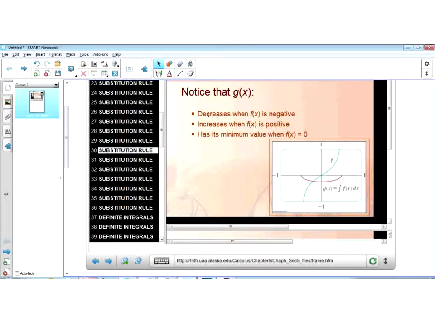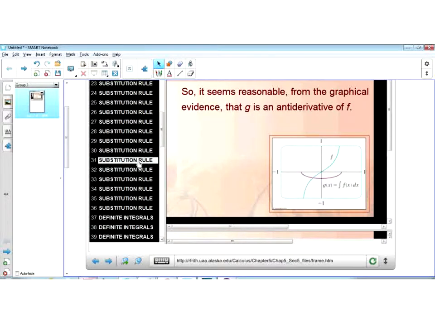Oh, okay, so g of x decreases when f of x is negative, yeah, and increases when f of x is positive, sure, and it has a minimum when f of x is 0. Okay, yeah. Well, that kind of gives you some guidance.